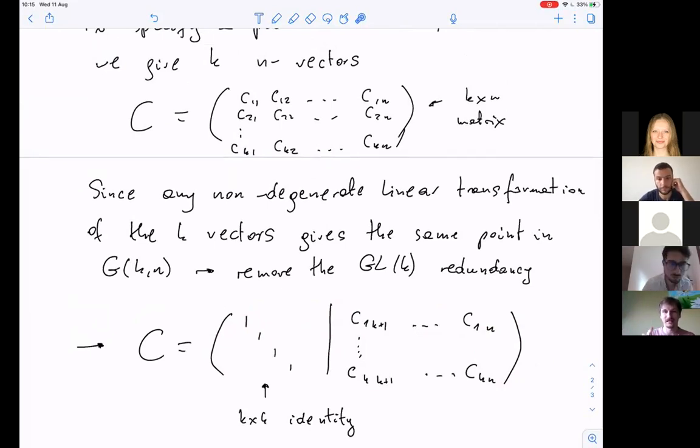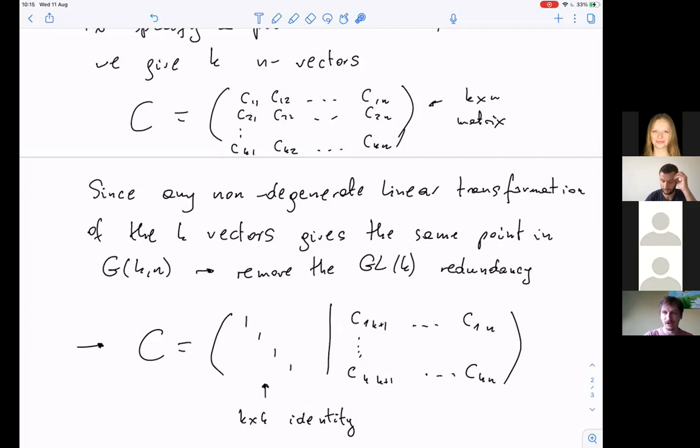It's the same way as if I have one vector and I multiply by any real number, I get all points on the line specified by this vector. So the generalization is that you take k vectors instead of one, and then you take all possible combinations of them. Yes, it's a specific k plane. Every point in the Grassmannian is a specific k plane, and the Grassmannian is the collection of all possible k planes in n dimensions.